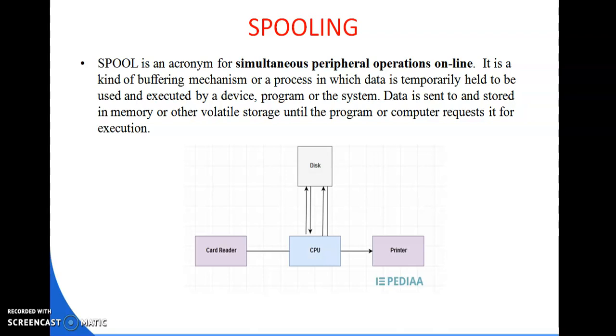So here comes the need for a spool. That means, why the spool? Because there are some slow devices used in the computer system, and getting input and output from that type of system was quickly seen to be a bottleneck. So here comes the need for spool.